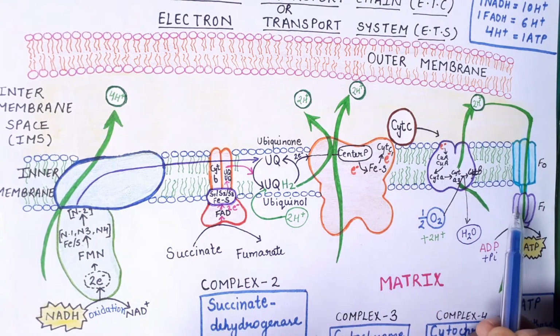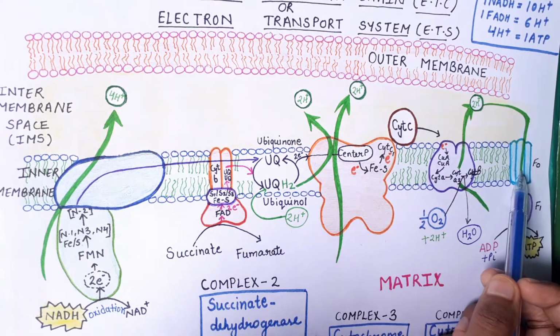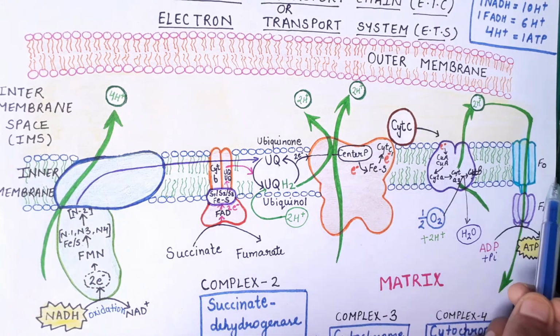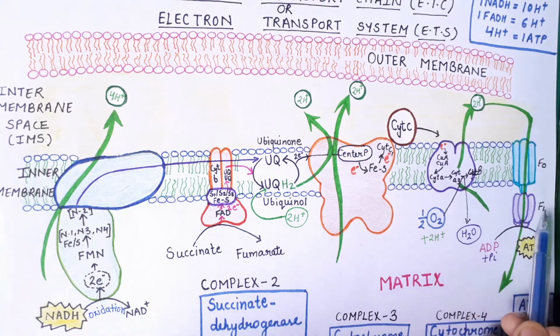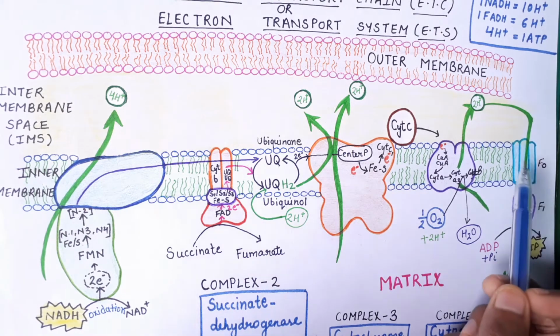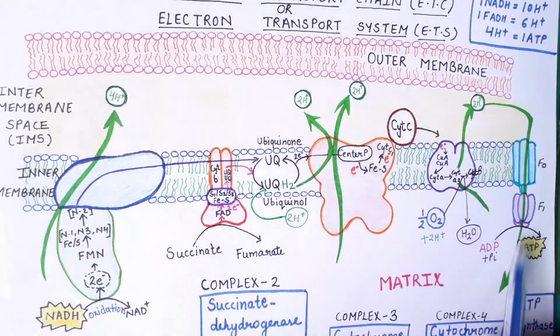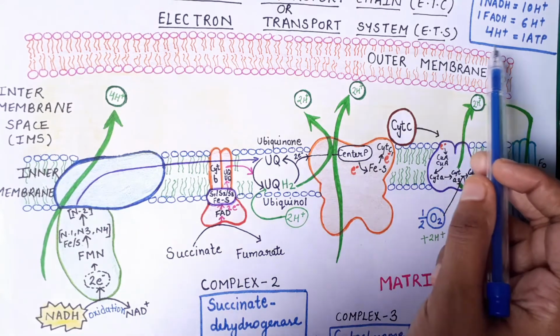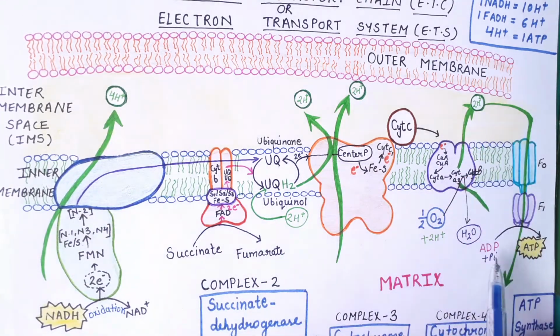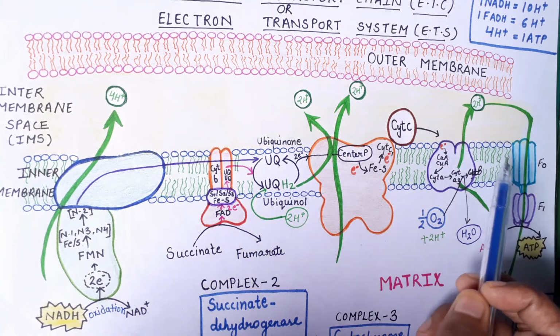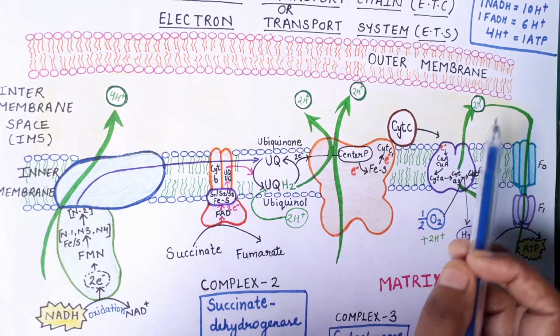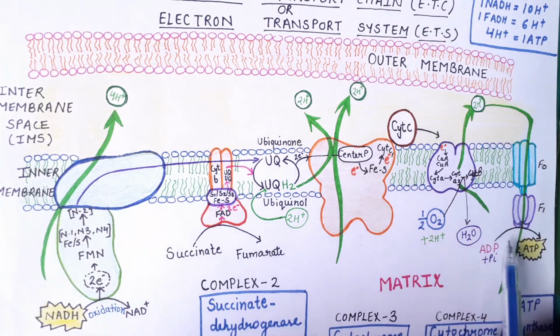So this ATP synthase complex that consists of two subunits, F0 subunit and F1 subunit, will pump in 4 protons and it will form one ATP in this process. So when ATP synthase complex pumps 4 protons, there will be formation of 1 ATP.